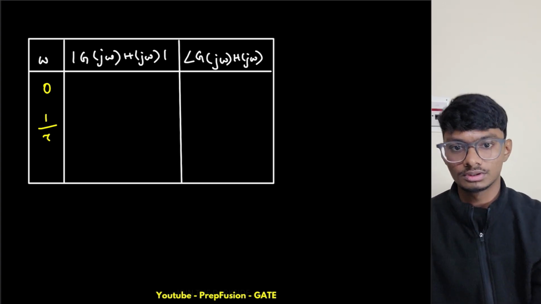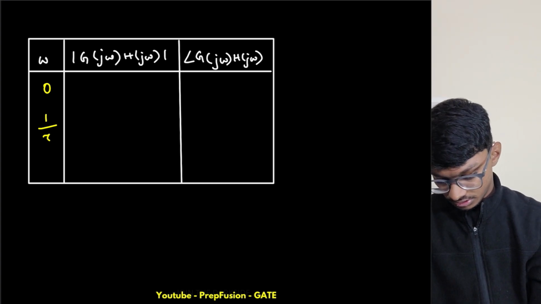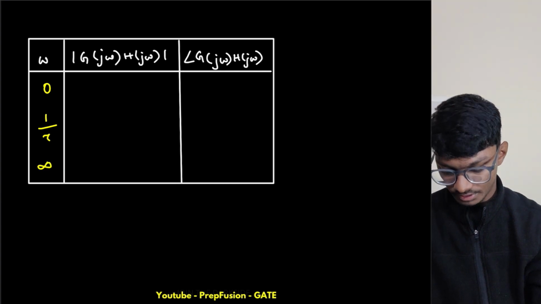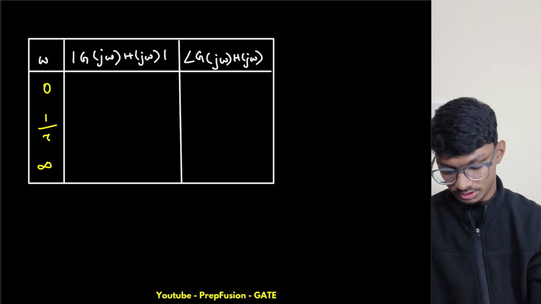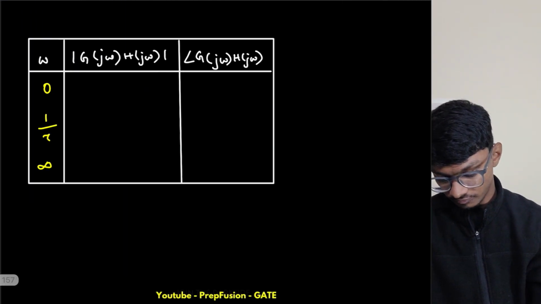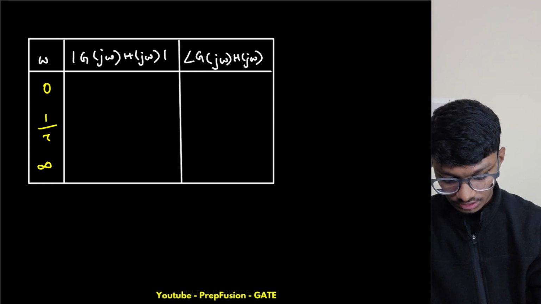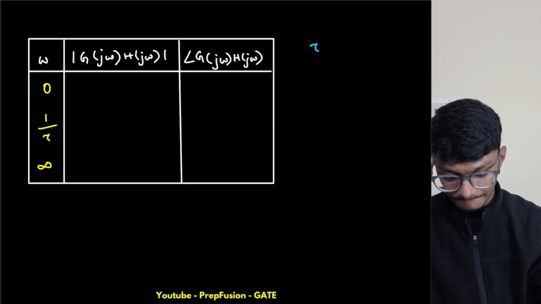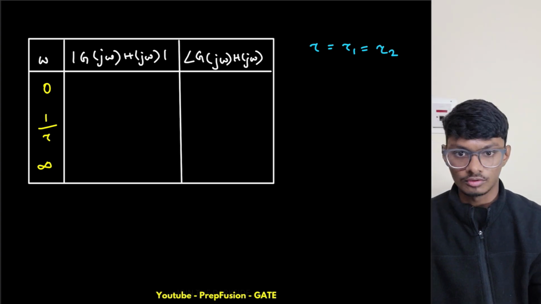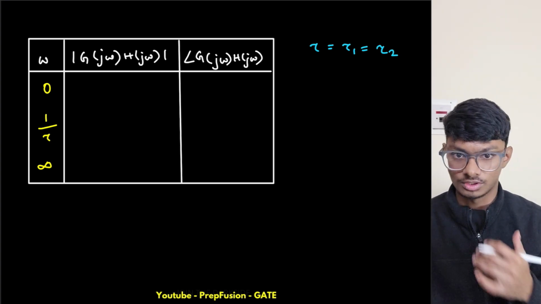Yeah, now it's fine. So this is 1 by tau, and this is infinity, right? 0 to infinity. Now what is my magnitude at omega equals 0? I forgot to write here that tau 1 equals tau 2. All of them are equal, so tau equals tau 1 equals tau 2.